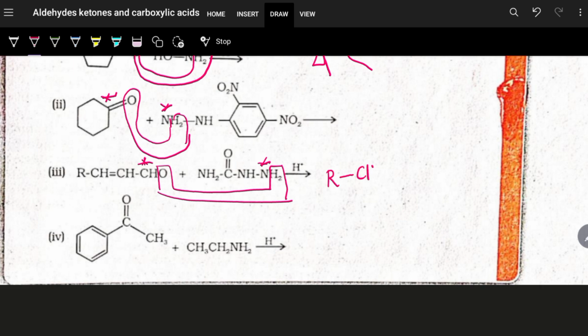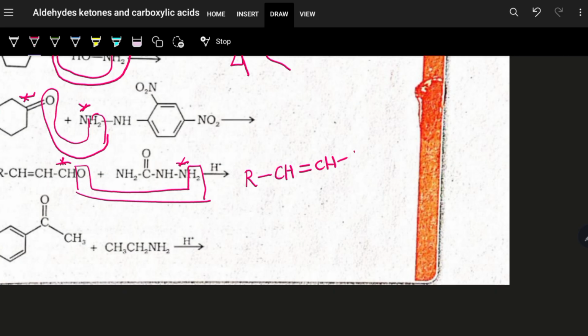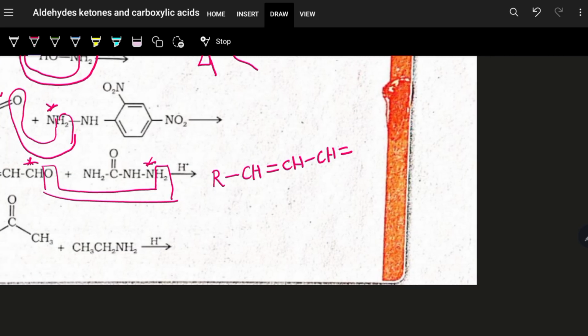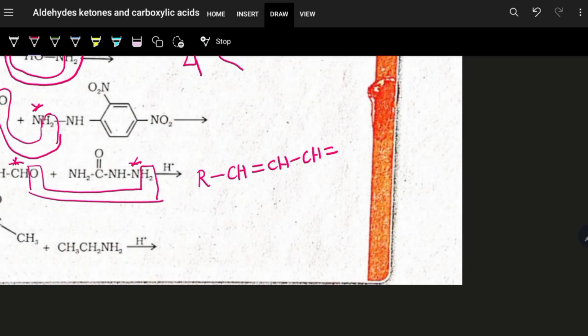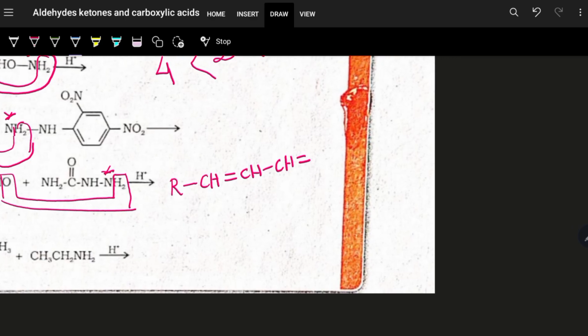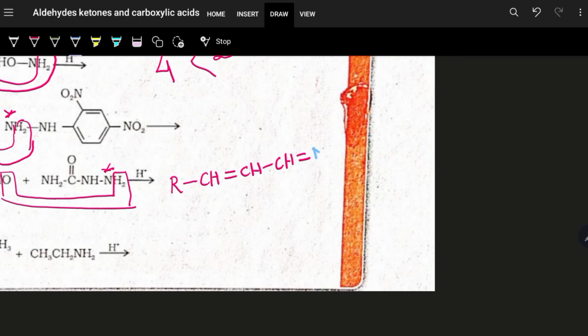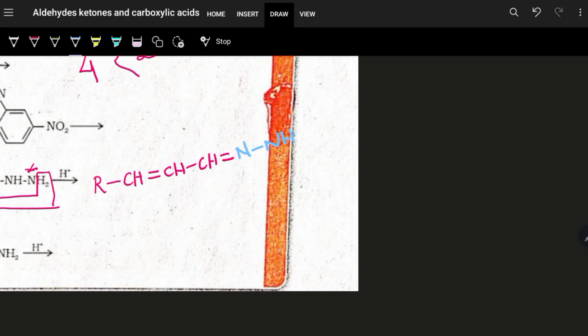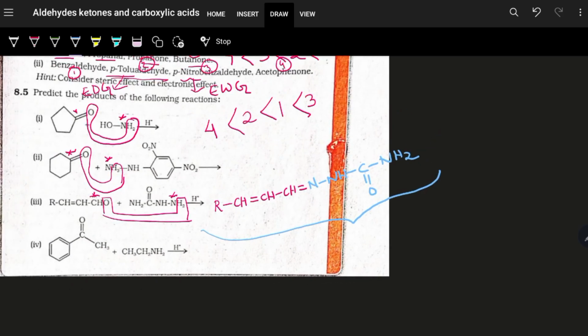So R, CH double bond, and oxygen is removed and joined with the next nitrogen, and it has NH and it has C double bonded O and it has NH2. So this is the complete structure of the product.